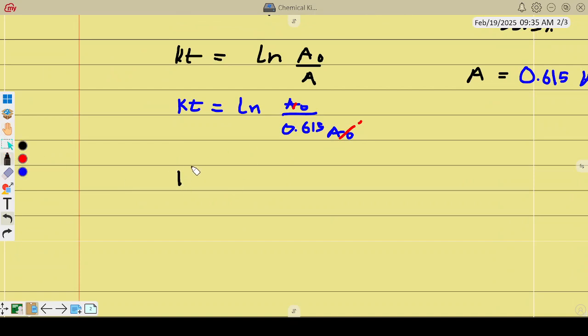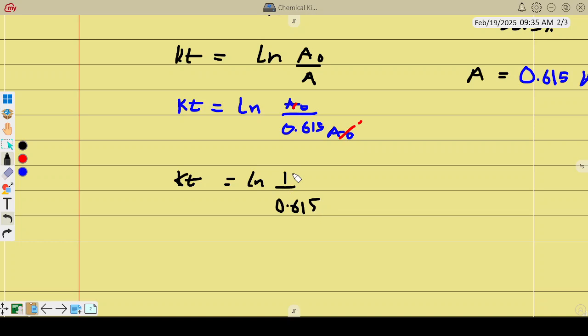We're going to have kt is equal to ln. When we cancel, we're going to have 1 over 0.615, and you know that this is complicated.